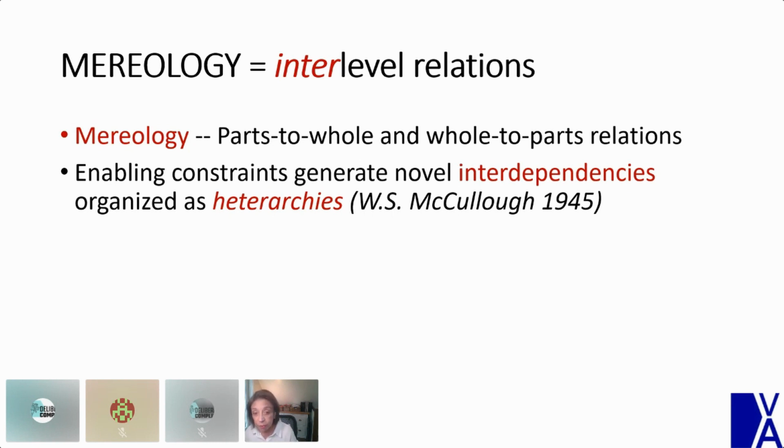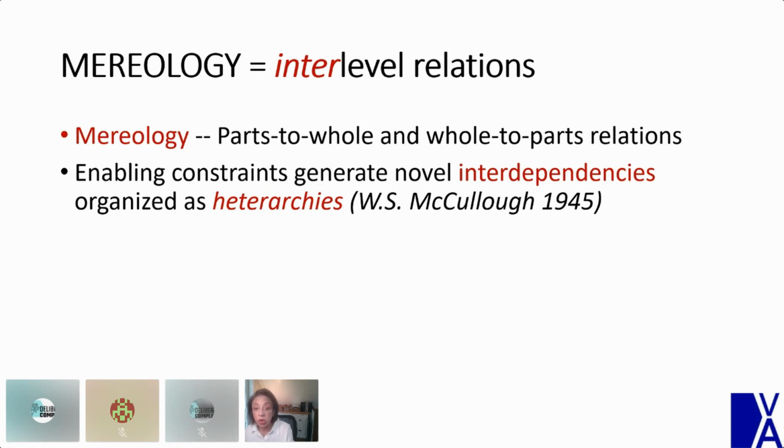But what I want to point out in so far as constraints and complex dynamical systems is that there can be relations of constraint among components at the same level of organization. For example, different species that belong to the same ecosystem.